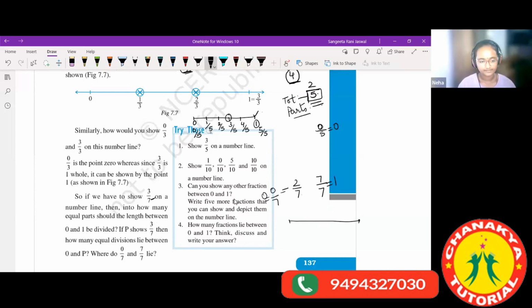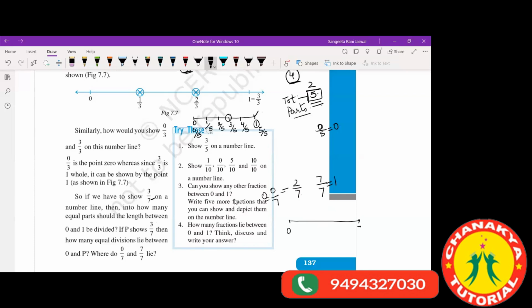That means from 0 to 1, I will divide this line into 7 equal parts. On the number line you have so many numbers, 0, 1, 2, and so on, so I'm just taking the portion from 0 to 1 and dividing it into 7 equal parts. This is 1, this is 2, this is 3, this is 4, this is 5, this is 6, and 7.